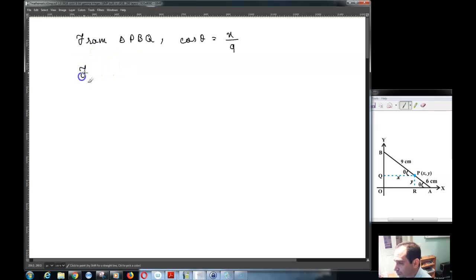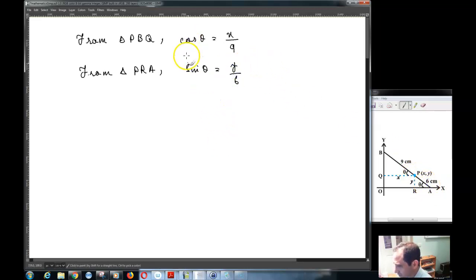And from triangle PRA, we have sine of theta equal to y divided by 6.